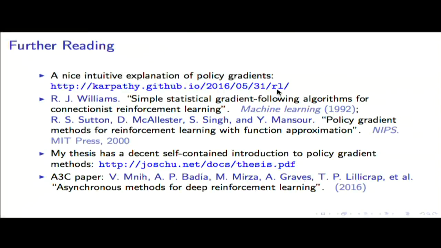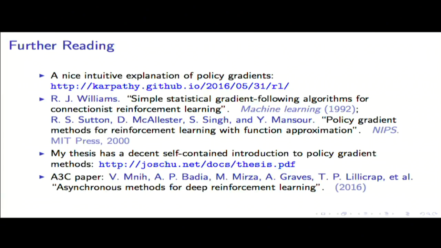That wraps up the lecture. Just a few places where you can read a little bit more about these kinds of methods. My friend Andre has a nice blog post about policy gradients, which I recommend checking out, to get an intuitive picture of them and see some of the research results from the literature.